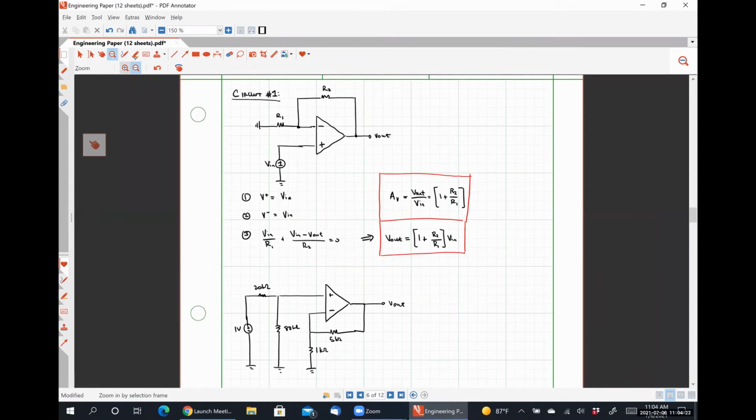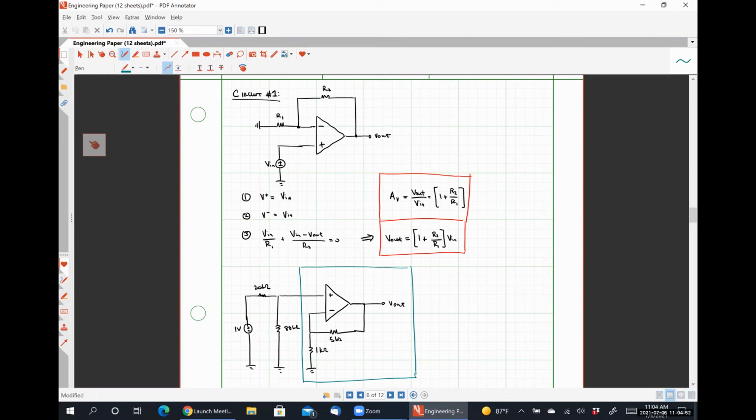Okay. So everything that I'm about to enclose in this box is exactly what I've drawn with circuit number 1.